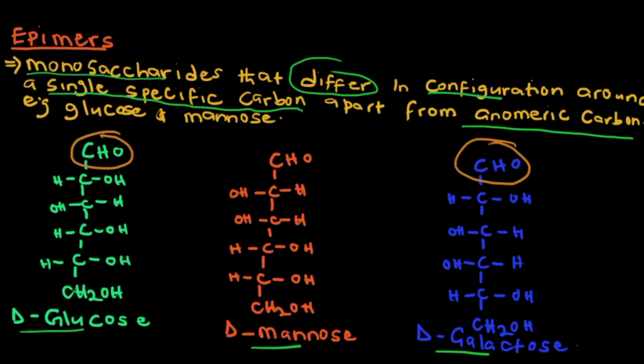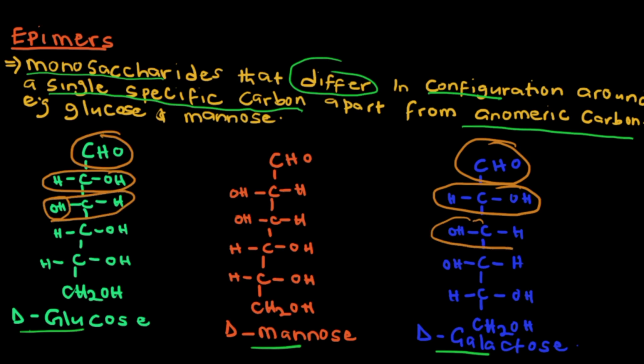Second carbon, OH is to the right, OH is to the right. The same here. The third carbon, OH is to the left for glucose, and it is also to the left for galactose. In the fourth carbon, OH is to the right for glucose, but is to the left for galactose.